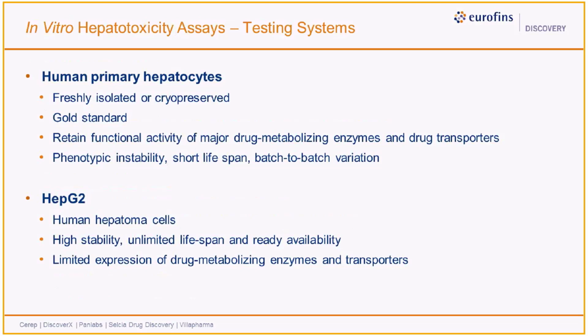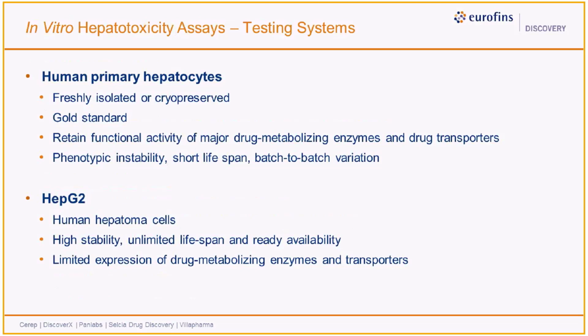The human primary hepatocytes are considered the gold standard of in vitro hepatotoxicity assays because they are the closest in vitro system to the in vivo condition. They retain functional activity of major drug metabolizing enzymes and drug transporters, in short-term 2D culture or relatively longer-term in 3D culture or co-culture with other hepatic cells.